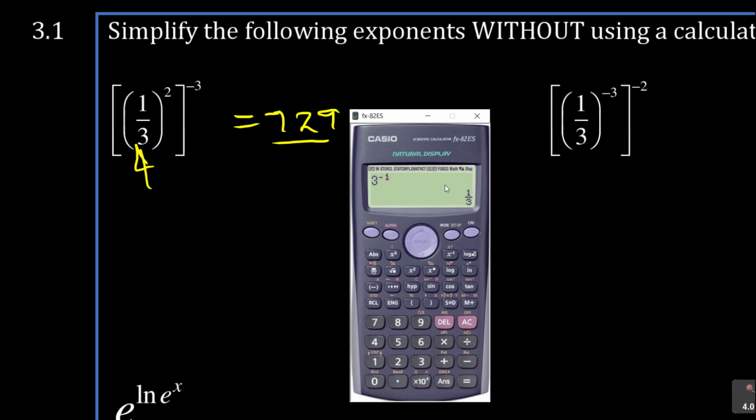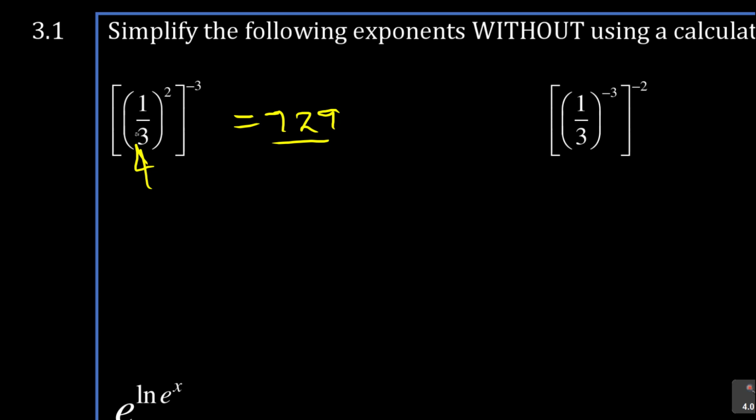So I can use this law which says 1/a to the power of m, take it to the top, becomes a to the power of -m. So if I say to you, what is 1/3, then you're going to say it's 3 to the power of -1.